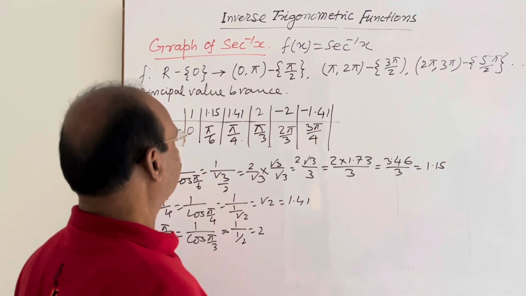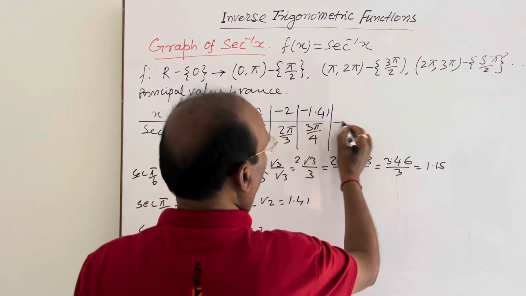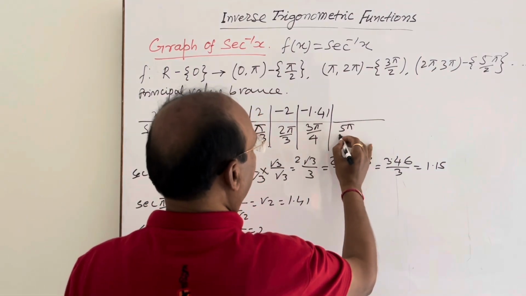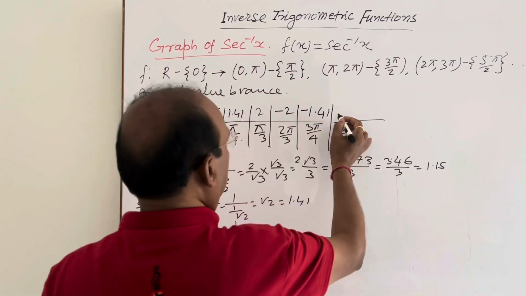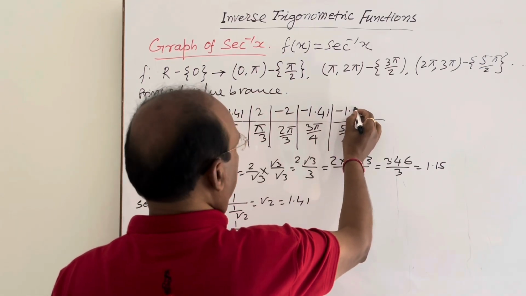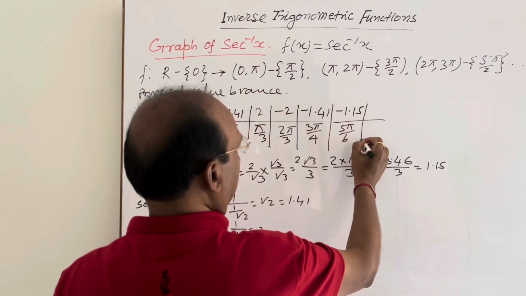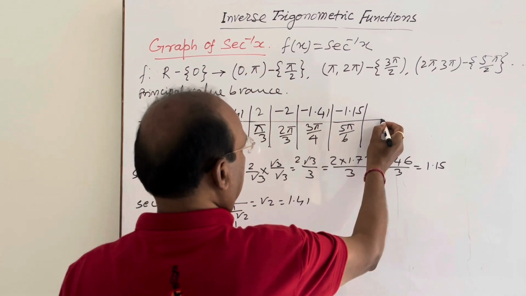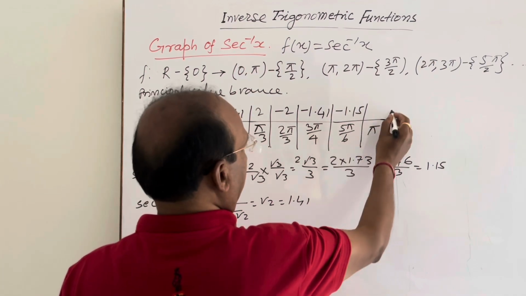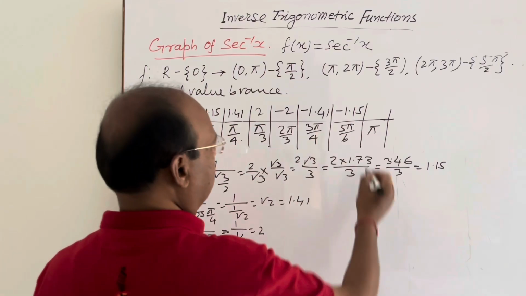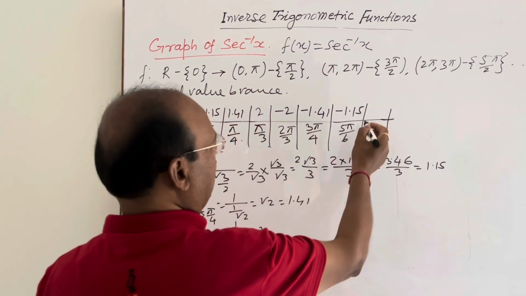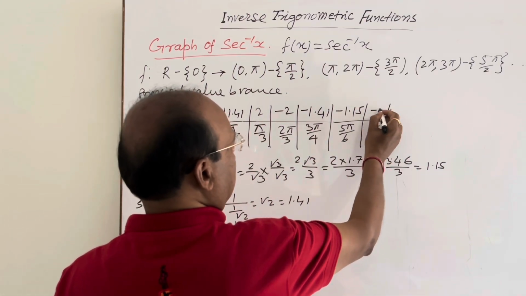Then we will take angle 5 pi by 6, minus 1.15, and then we will take angle pi. When the angle is pi, sec is minus 1.